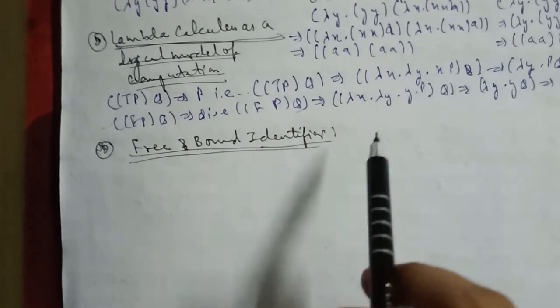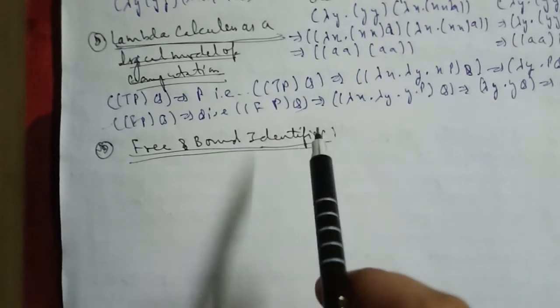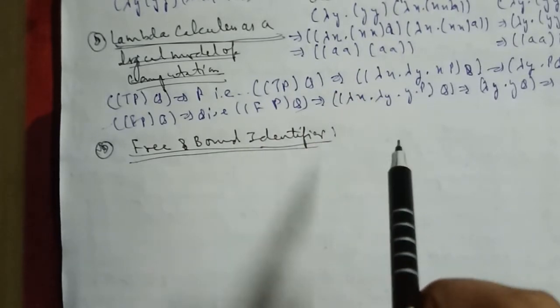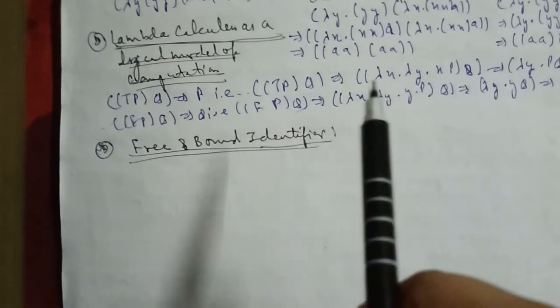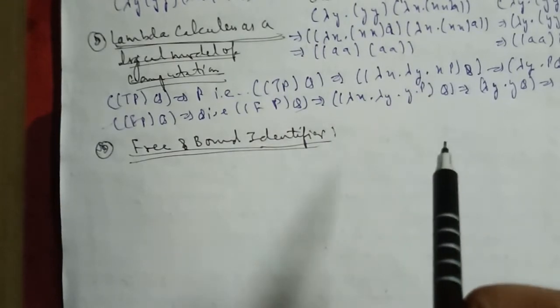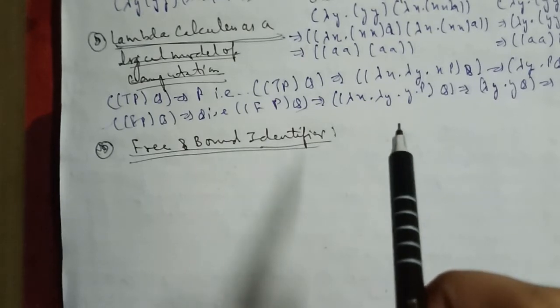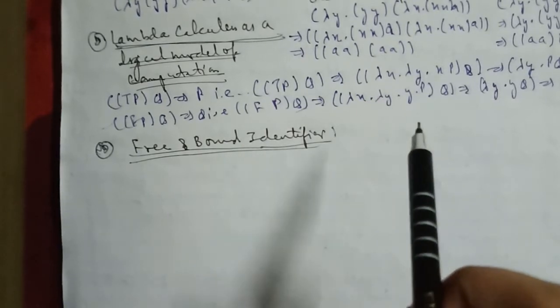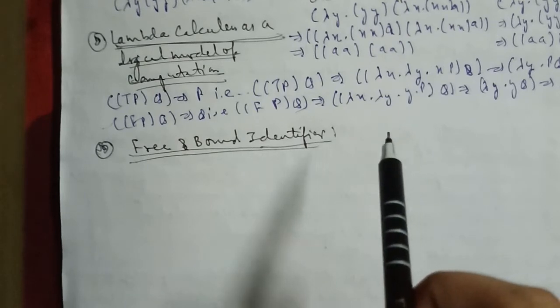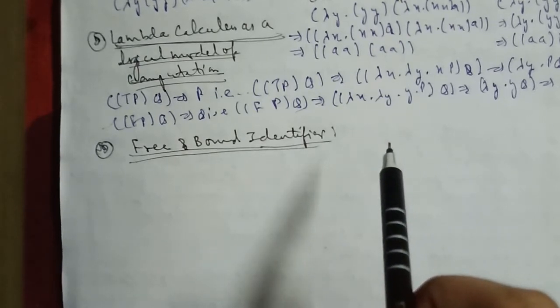A reference that is not bound to a formal parameter in the expression is said to be a free identifier. An example is the lambda expression lambda x of M, where lambda x dot x plus y, where M equals x plus y, and that has been represented here as well.